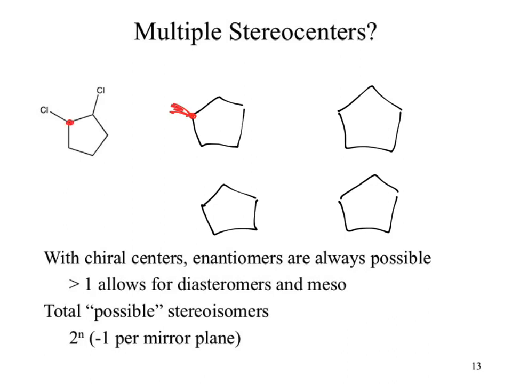That chlorine can be wedged or dashed. The blue carbon could be wedged or dashed. It's now just a game of filling in the pieces.